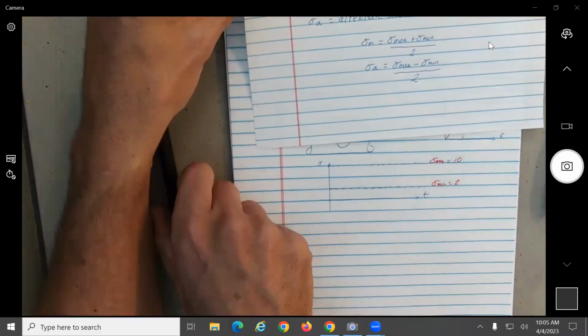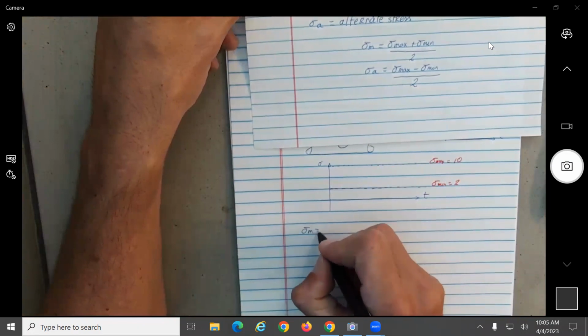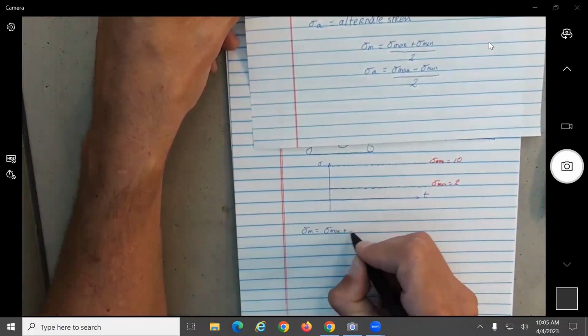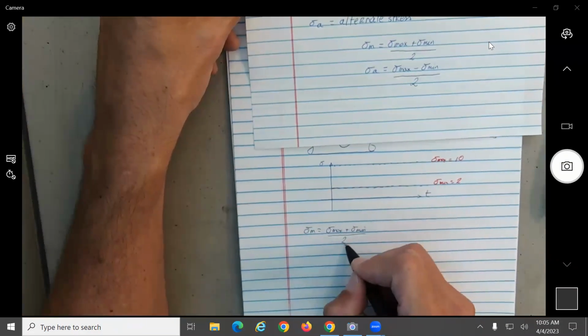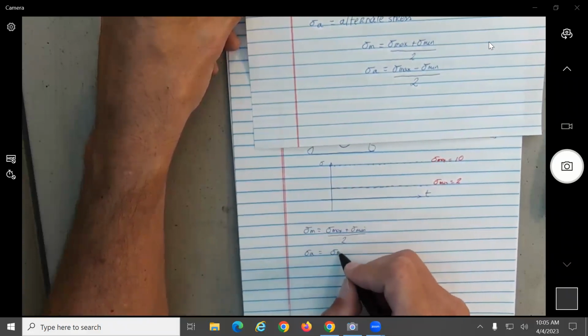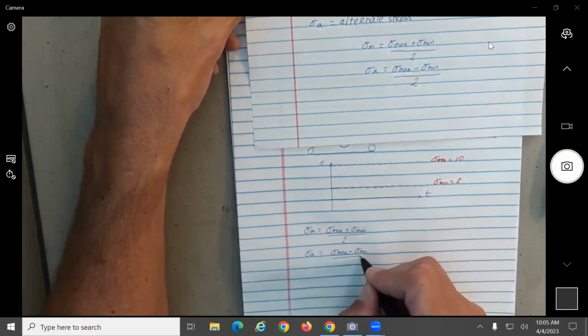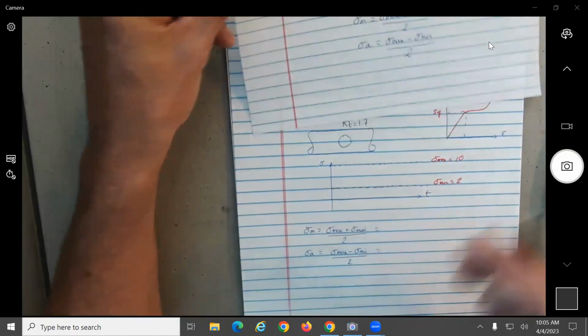So we're going to have sigma sub m equal to sigma max plus sigma min divided by 2, and the alternating stress will be sigma max minus sigma min divided by 2.